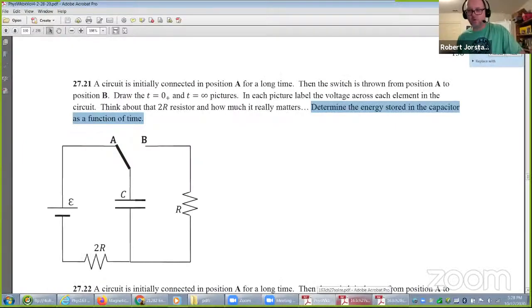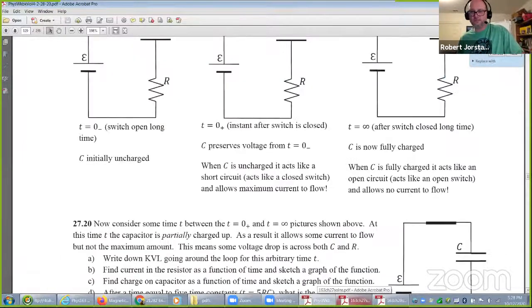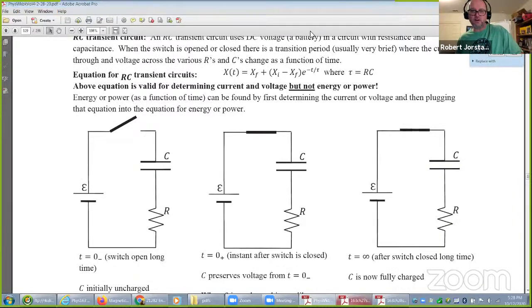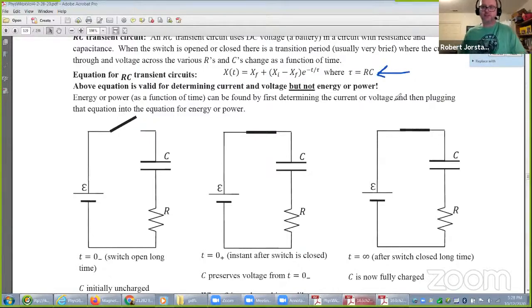Okay. So let's focus on some of the things you're supposed to get out of this rather than weird math stuff, and get back to the basics. Number one, what have we learned so far? You've learned how to draw the pictures. You've learned, hopefully, when you can use this equation and when you can't. You've learned that you have to watch out for R equivalent in the circuits if there's an extra resistor.